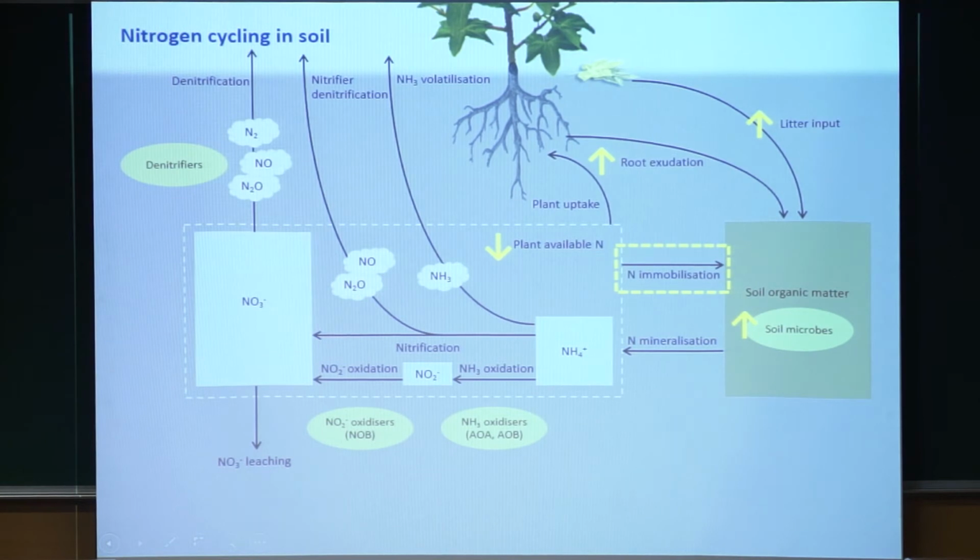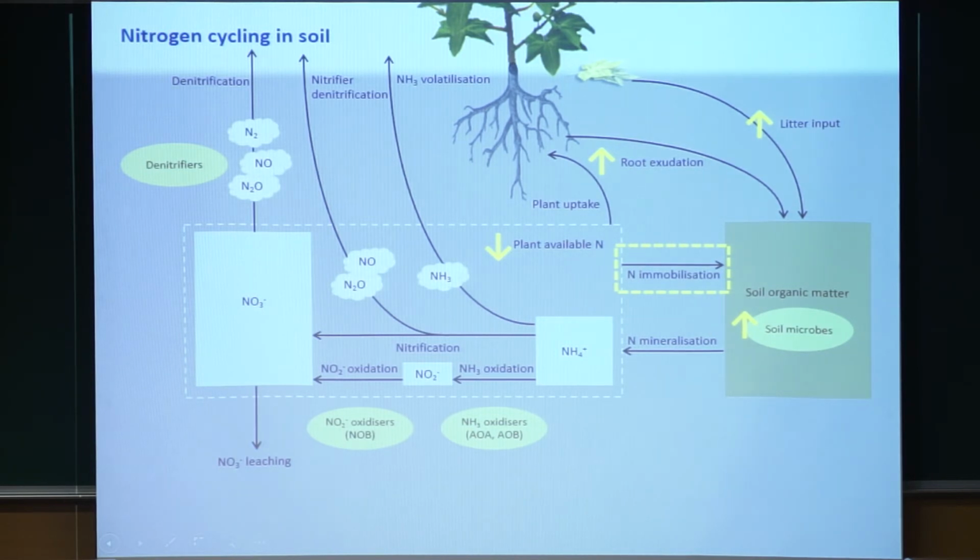And what we found, in fact, was that the litter input was increased and root exudation had been increased due to these different elevated CO2 and temperature, which in fact ended up increasing the soil microbial community, which increased the competition that these microbes had with the plants, which generated a reduction in plant available nitrogen, which meant that nitrogen was not as available to the plant as before.